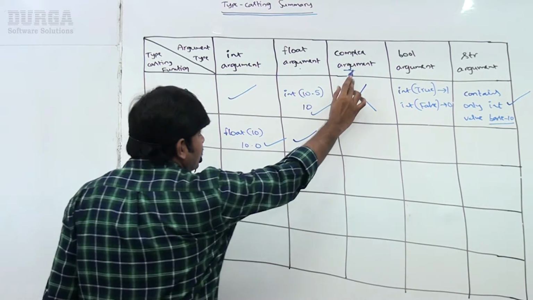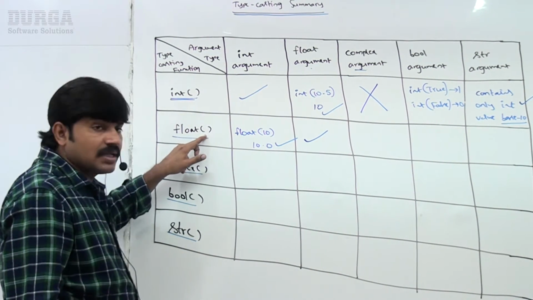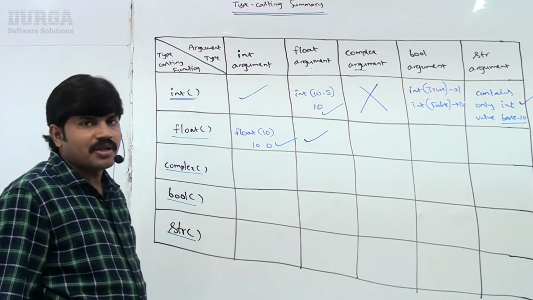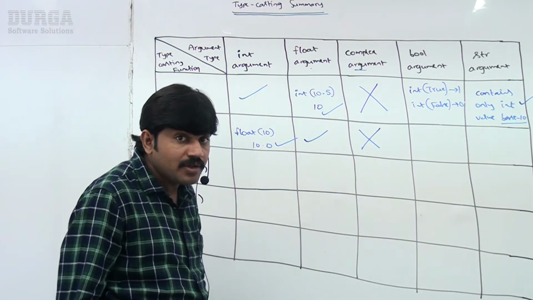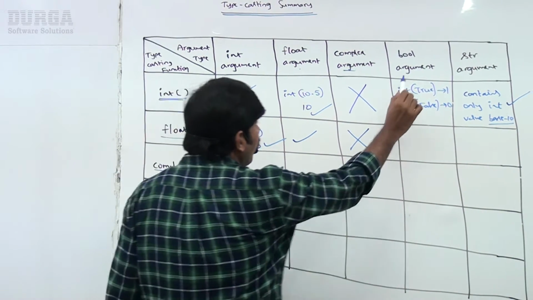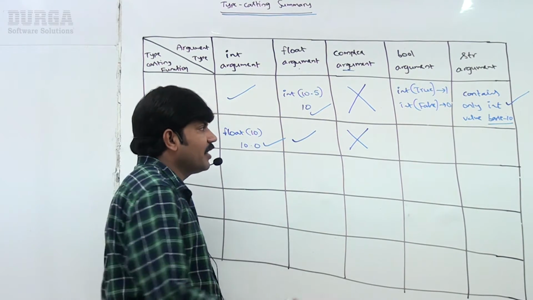Next, I want to convert a complex number to float type by using the float function. Sorry man, complex to float conversion is not possible. If you are trying to do that, we are going to get a type error. Next, bool to float, a boolean argument to float. Yes, why not, man?